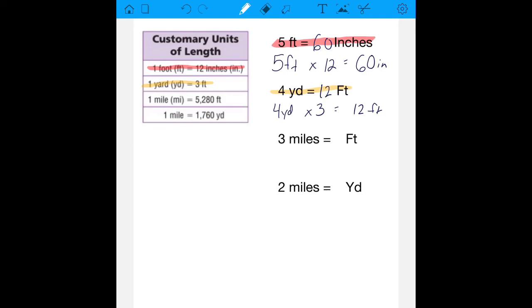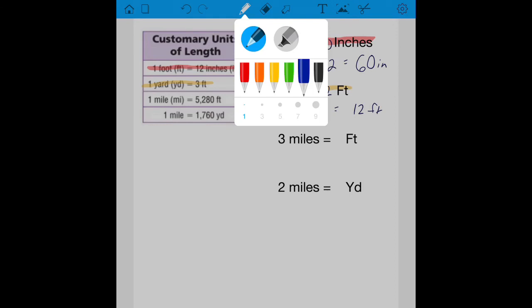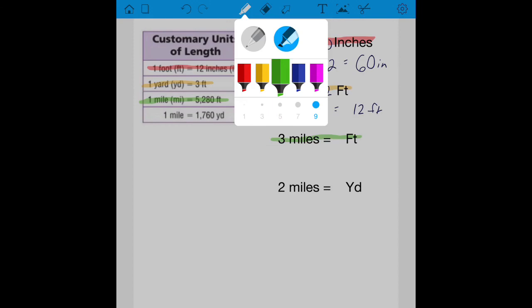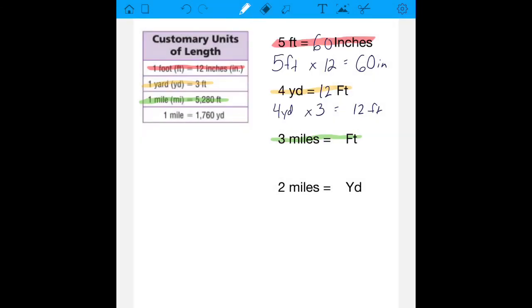Now we're going to get into some bigger numbers as we are going to be dealing with some miles here. So we're interested in 3 miles is equal to how many feet? Well, I can see in the chart that 1 mile is equal to 5,280 feet. So I'm going to follow that same pattern where I'm going to be multiplying.